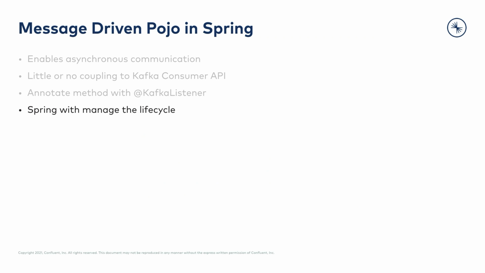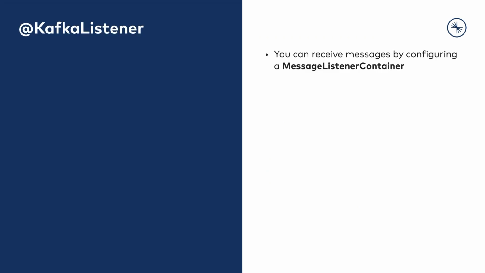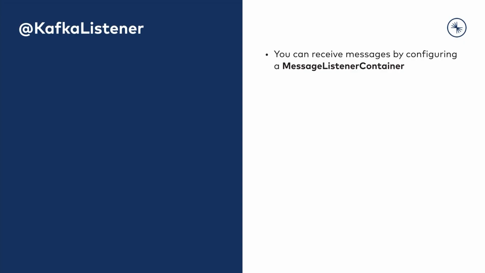So KafkaListener allows you to receive messages, and it will instantiate a facility called a message listener container. This container will be handling parallelization, configuration, retries, and different things that a Kafka application may require, like whether I need to commit my offsets automatically or manually, and all that kind of stuff.